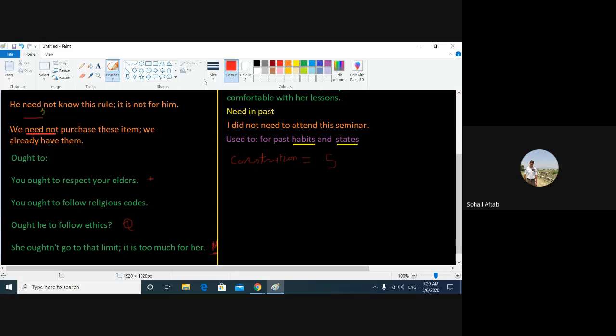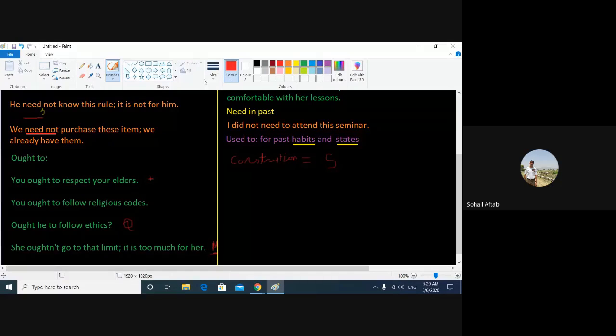Let us see what is a habit. A habit is something which you repeatedly do, and if you have done it in past, you can use used to structure for it. And the second is state. Now, what exactly is a state?